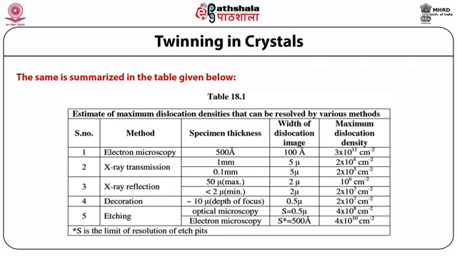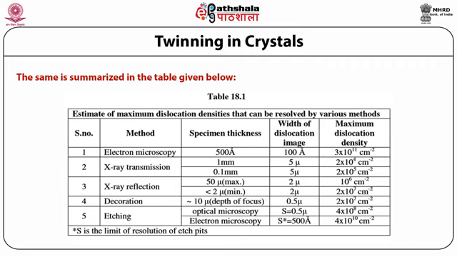The first one is electron microscopy. Specimen thickness required is 500 angstroms. Width of dislocation image is 100 angstroms, and maximum dislocation density is 3 into 10 raised to power 11 per square centimeter.